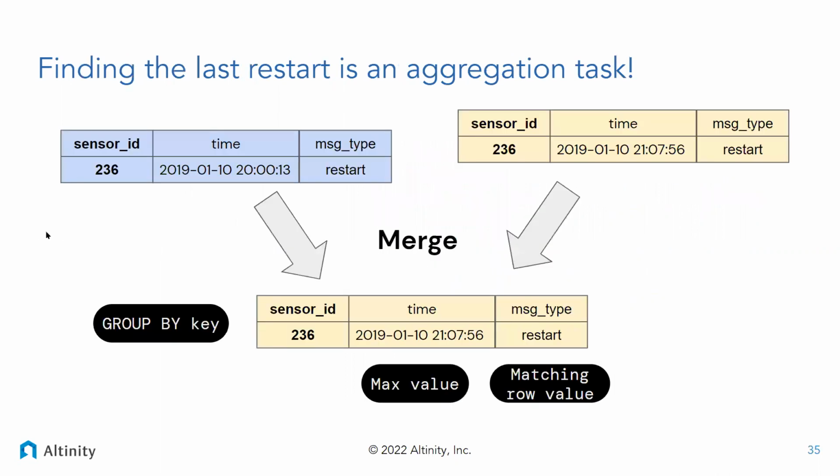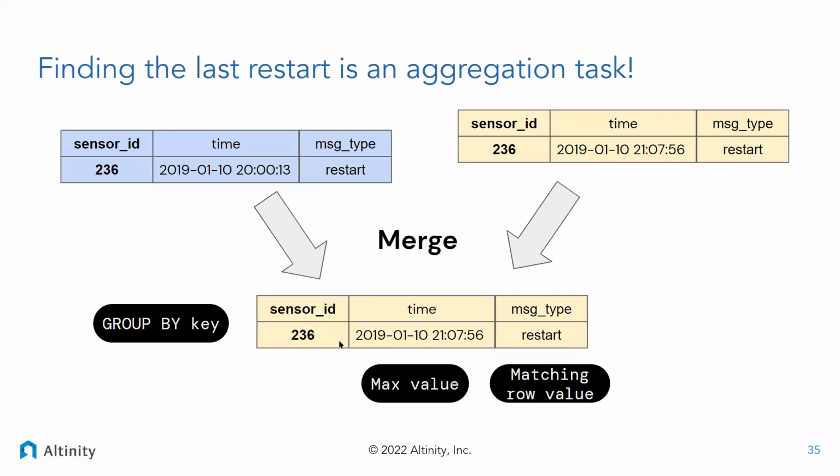So once again, this kind of problem of finding the last restart, it's an aggregation task. We can think of this again as using the sensor ID as the group by key.